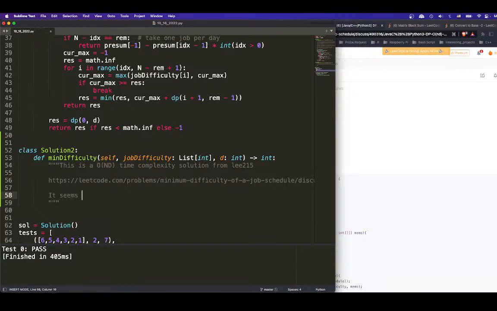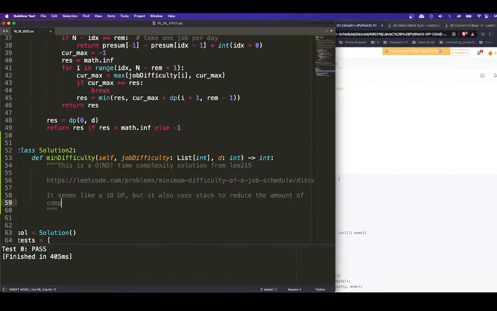It seems like a 1D DP, but it also uses a stack to simplify, to reduce the amount of computation.